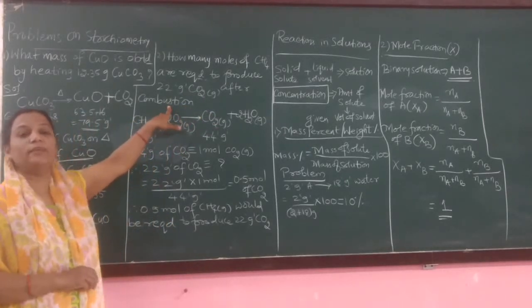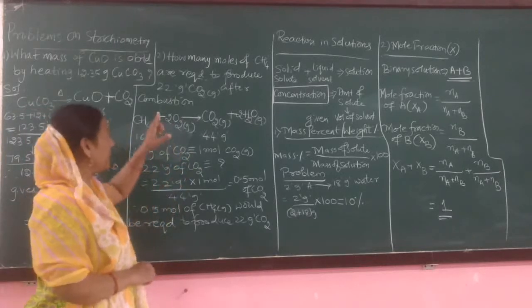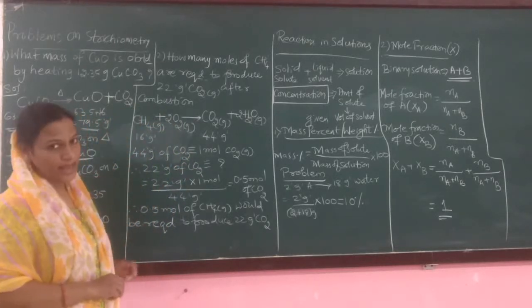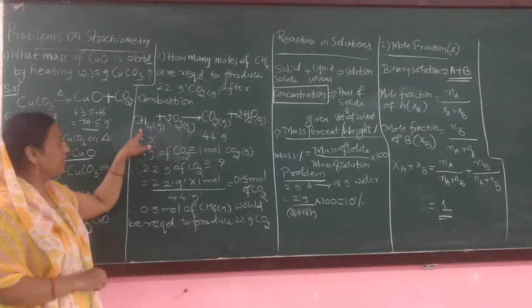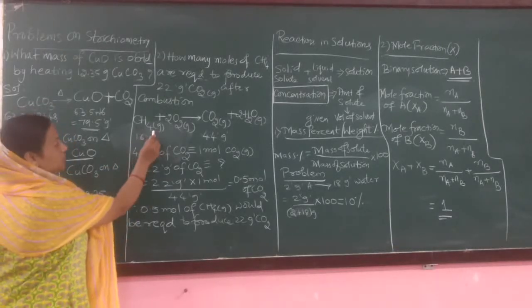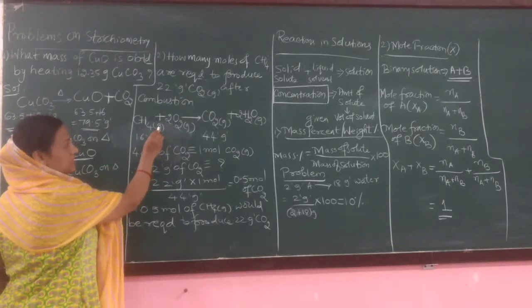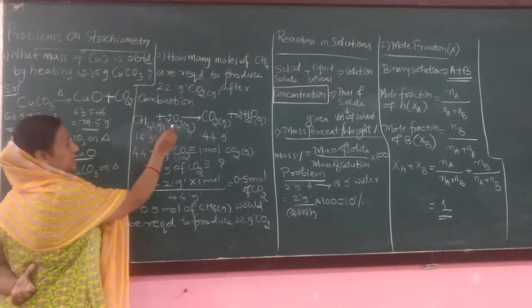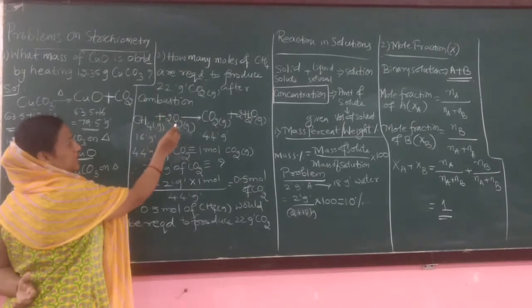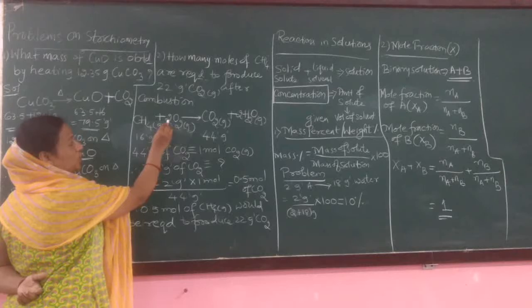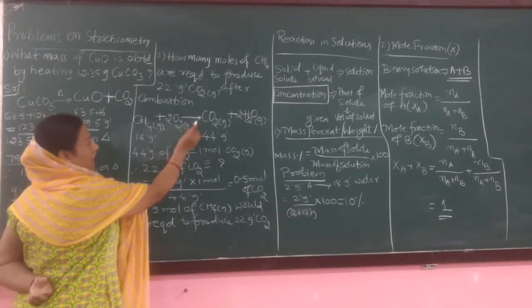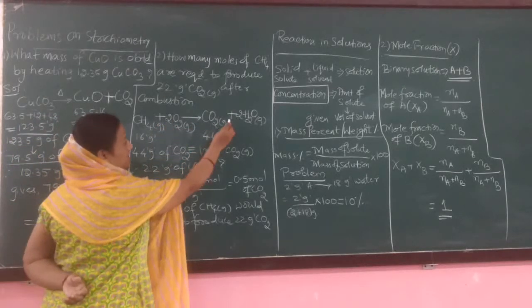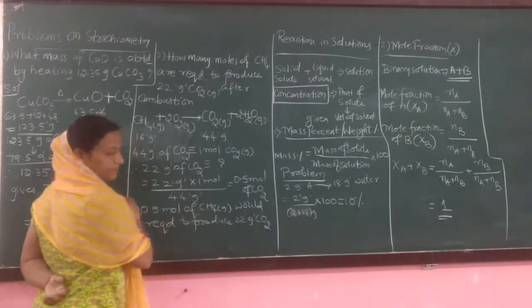Once again, you should be able to write the balanced chemical equation for the given reaction. The balanced chemical equation is given by CH4 (gas) plus 2O2, heating in the presence of oxygen, to balance it is 2, gives CO2 (gas) plus 2H2O (gas).